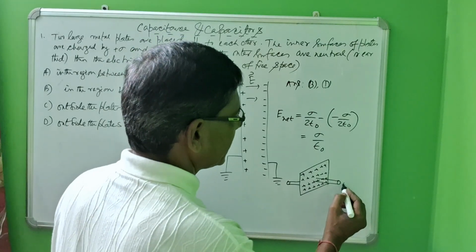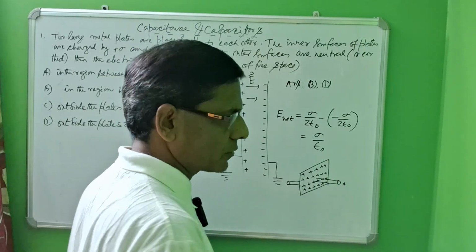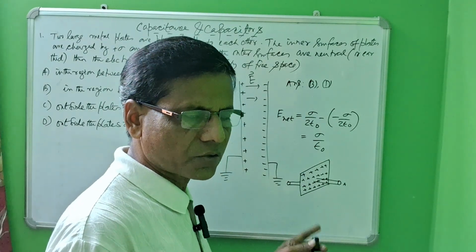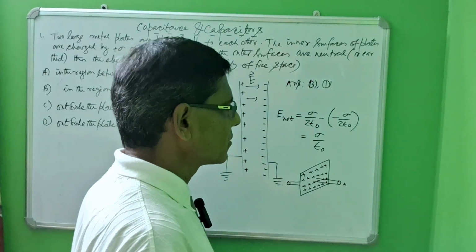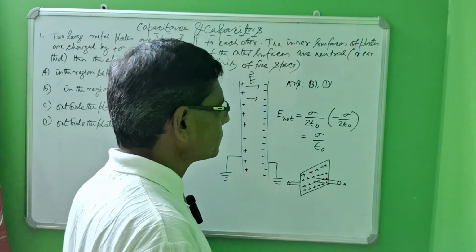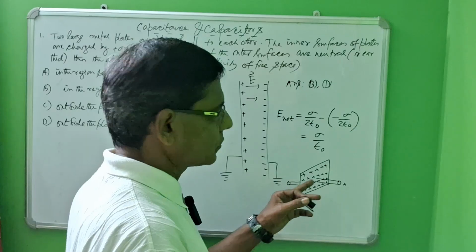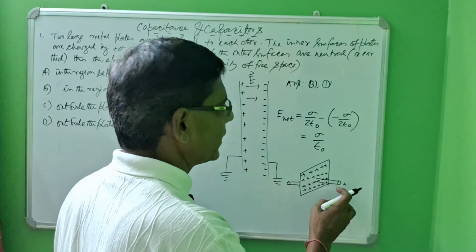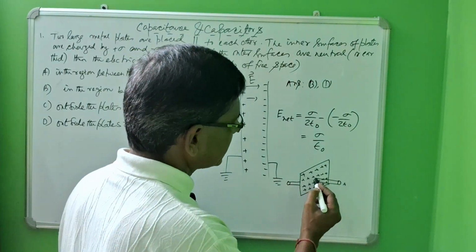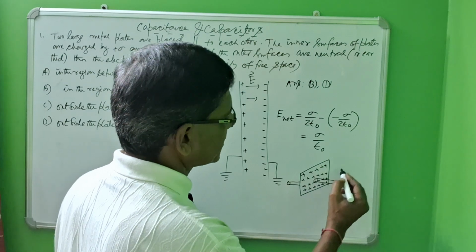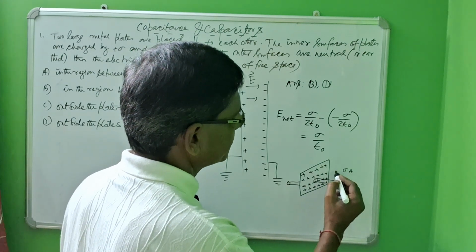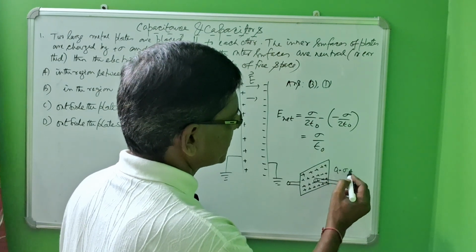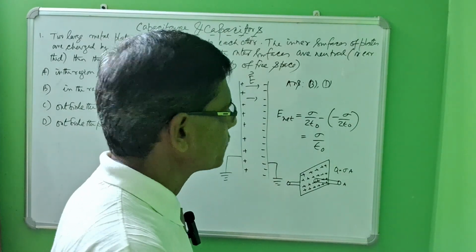Suppose the cross-sectional area of the closed plane equals A. So inside this area, the charge present equals sigma A.